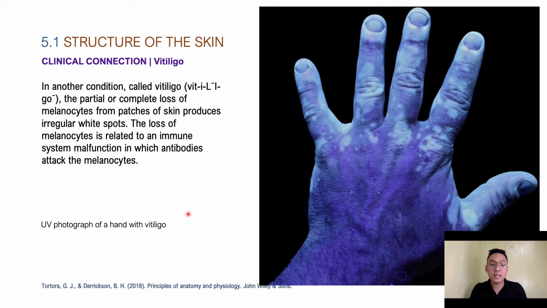The loss of melanocytes is related to an immune system malfunction in which antibodies are attacking these melanocytes. This is a UV photograph of the hand of a patient with vitiligo. Another famous person, the king of pop, Michael Jackson, had this condition.